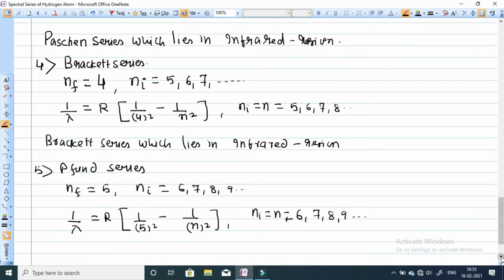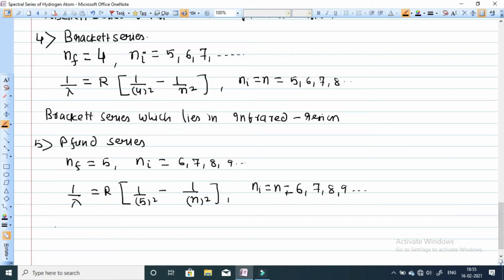This series also lies in the infrared region of the electromagnetic spectrum, so this series is known as the Pfund series.